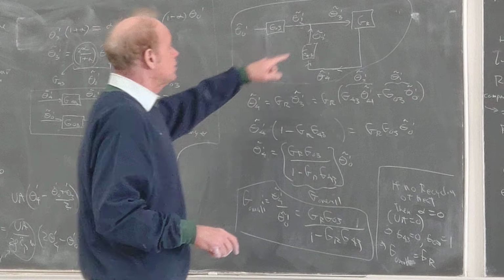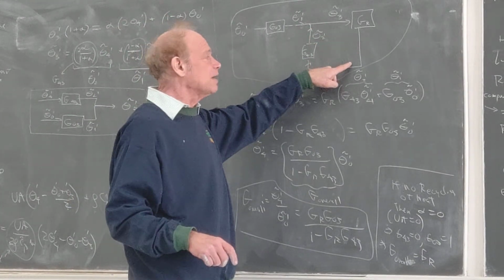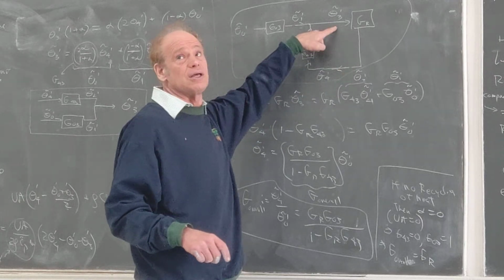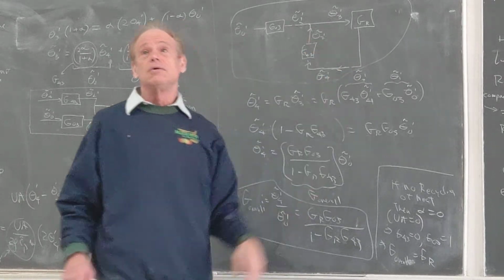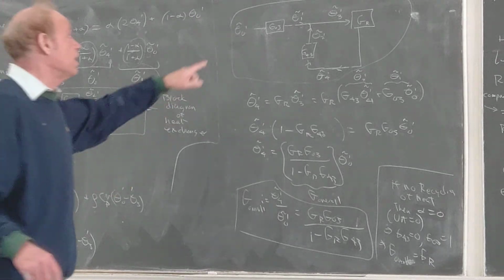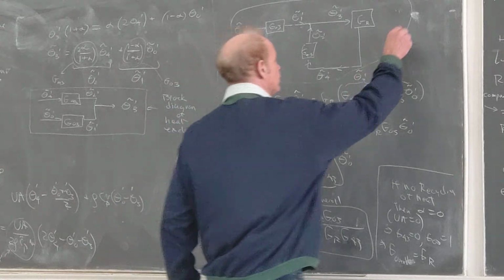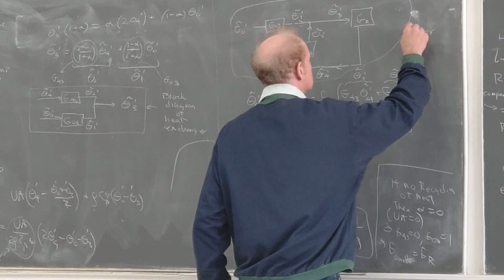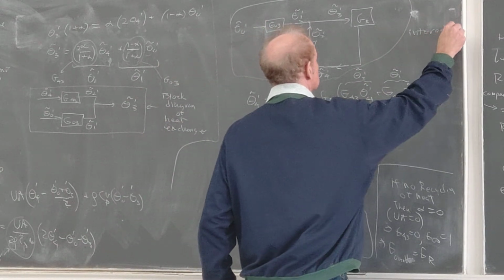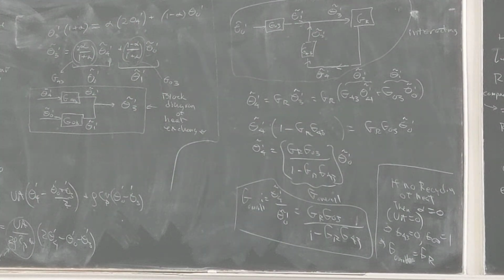Here, theta 3 influences what comes out, and theta 4 influences what goes in. That's like Y4 influencing Y3. Y0 also influences it. So this is an interacting system. Whenever I have a recycle, I have an interacting system.